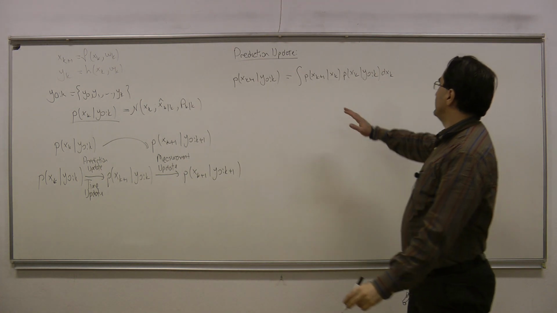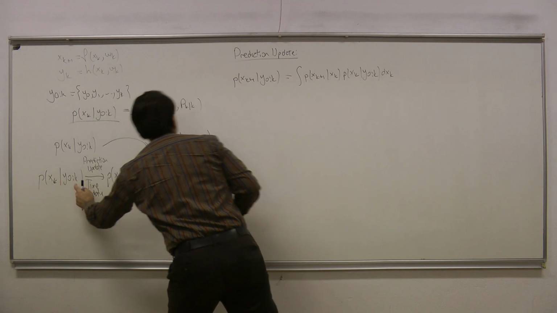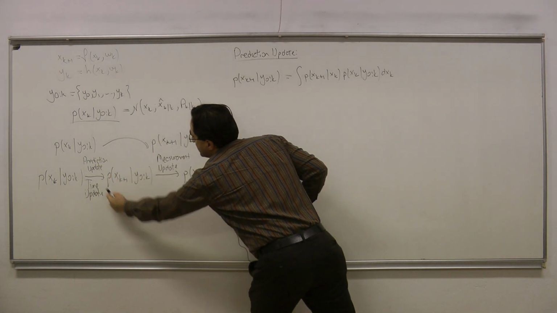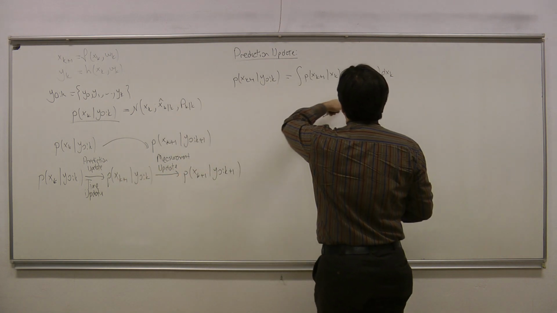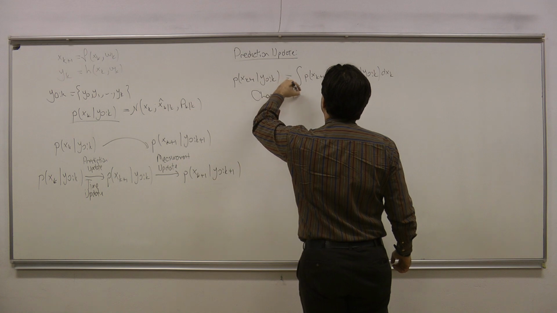Okay? So you see that this formula takes this distribution and it obtains this distribution. So this formula is called the Chapman-Kolmogorov formula.